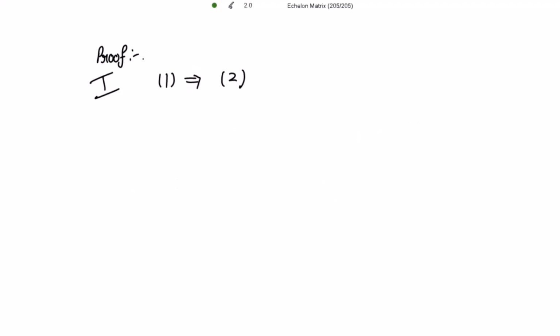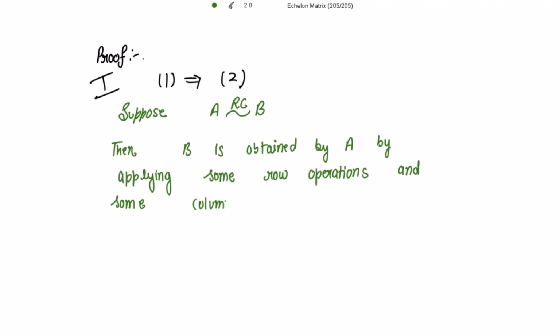First, we move from the first to the second part. What is the first part? It is given that A is row column equivalent to B. That means B is obtained from A by applying row and column operations in some order. Let's separate the row operations and column operations by keeping their respective order the same.